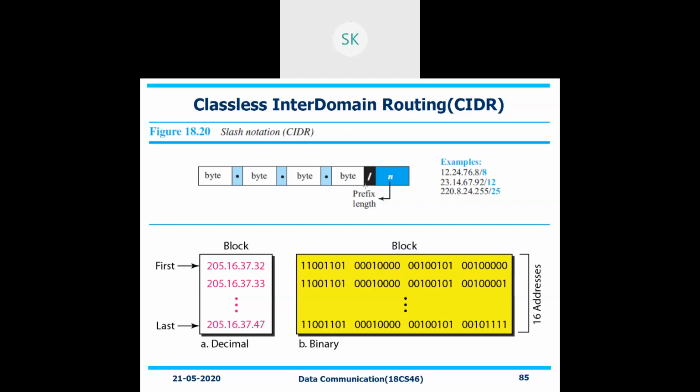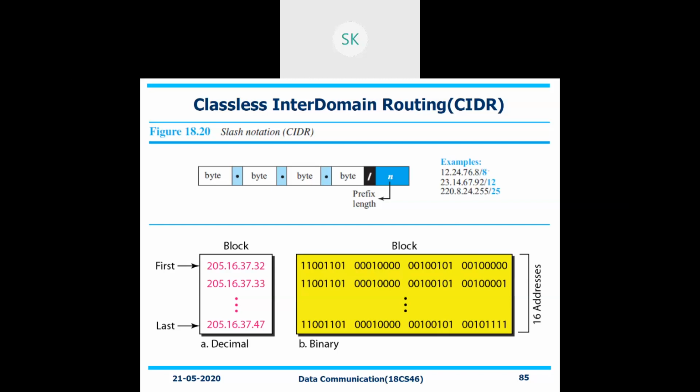In that, a slash will be available in front of your IP address. IPv4 only we are addressing, we're not taking IPv6. So 12.24.76.8 followed by a slash, and a prefix length will be given over there. What is this prefix length? It is nothing but the total number of addresses that you require in order to assign for that particular organization. This representation is very important to know. 8, 12, 25 is how many addresses you want to have.